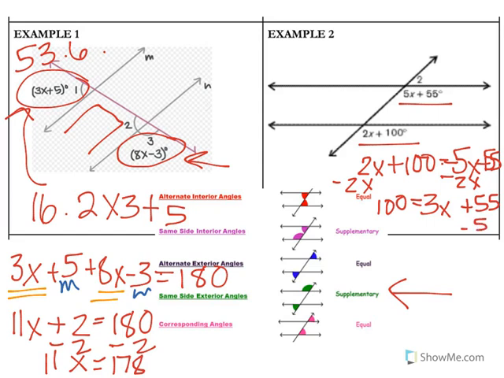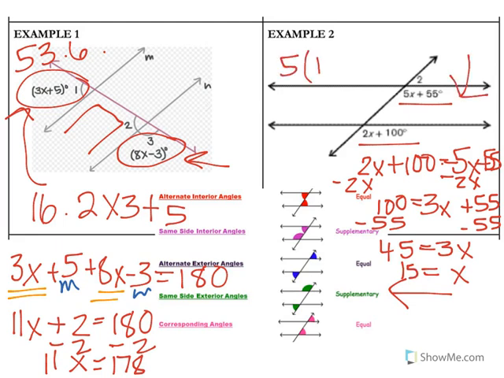Then I need to subtract 55 from 100. Leaves me with 45 equals 3x. This one is going to work out evenly. And if I divide by 3, I get 15. All right, so x is 15. Again, I got to go back up here and I'm going to say 5 times 15 plus 55.